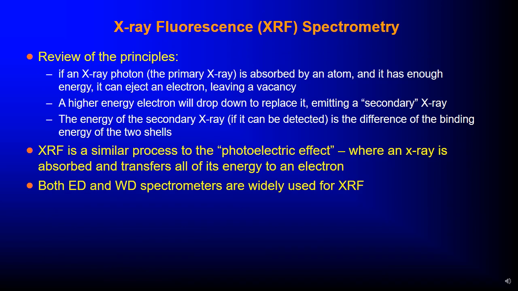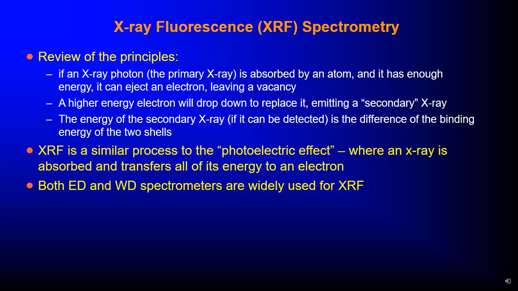If an X-ray photon is absorbed by an atom and it has enough energy, it can eject an electron, leaving a vacancy. A higher energy electron will drop down to replace it, emitting a secondary X-ray.